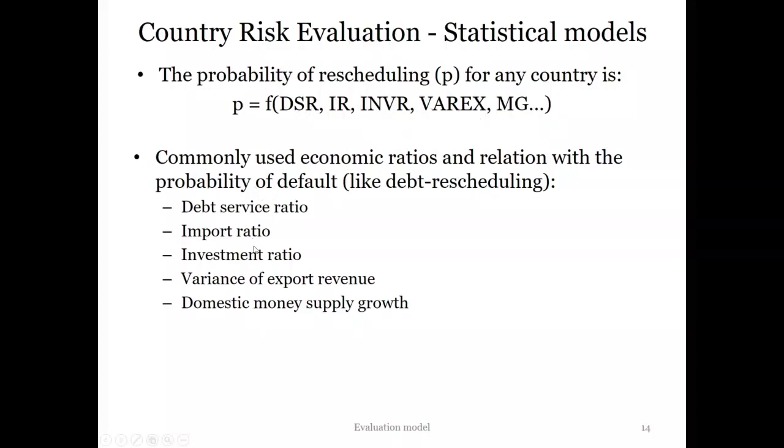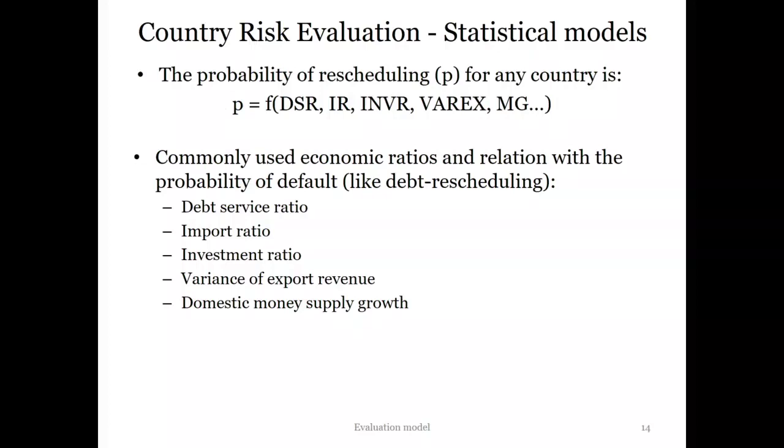Remember, these factors are all at country level. So talking about a country as a whole, how much are their imports, exports, and all that. And you run regression and you estimate the weights for each of the factors, and then you calculate a score for each particular country, right?